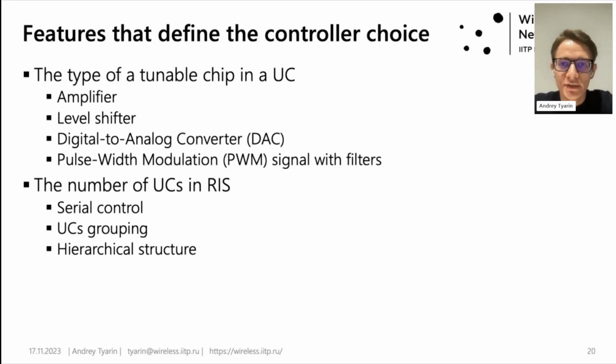The number of UCs in an RIS is also an important parameter. However, even FPGAs have a limited number of output pins. Current RIS prototypes use three ways of overcoming this limitation: applying the control signals consequently, grouping the UCs to control them with one signal with minimal RIS performance losses, and using control hierarchy.